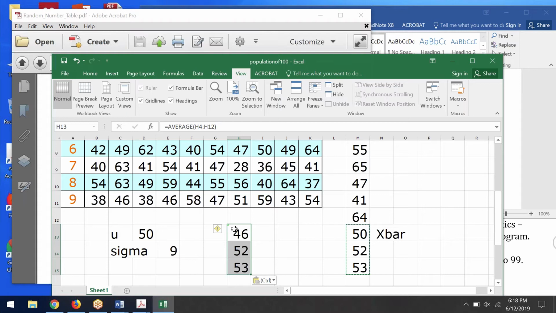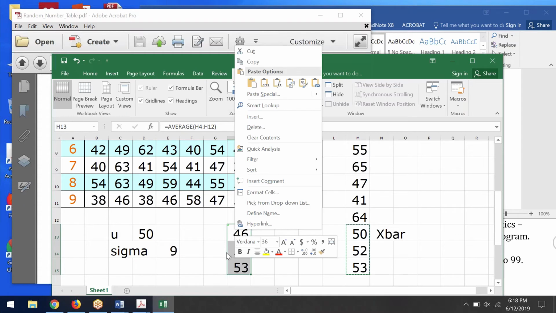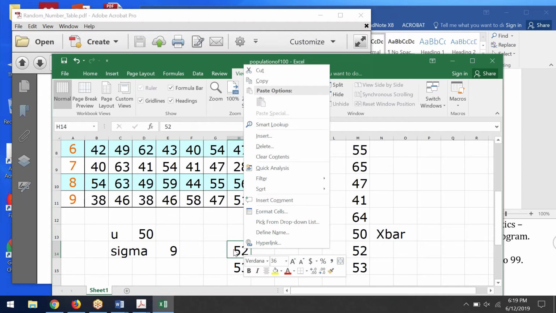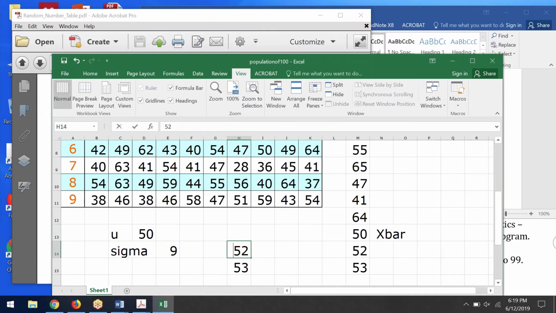I'm going to leave them there, because I don't want to get hung up trying to find all the functions on this particular computer. Okay, so these are my three means. That's X bar for one of us, X bar from another one. Did they get any more? Anybody else throw one in there? I don't think so.